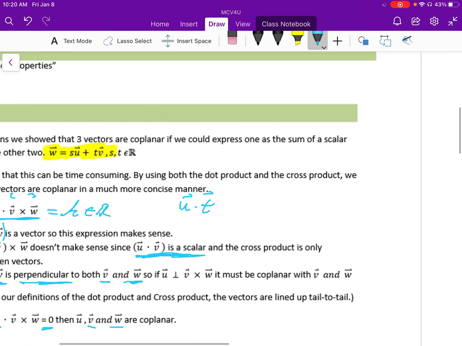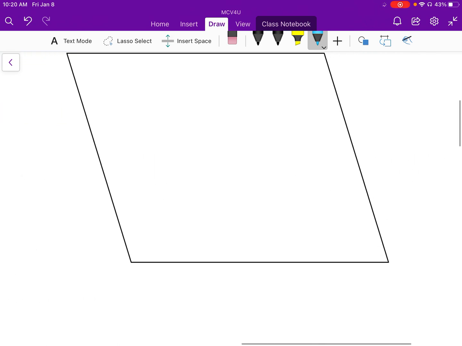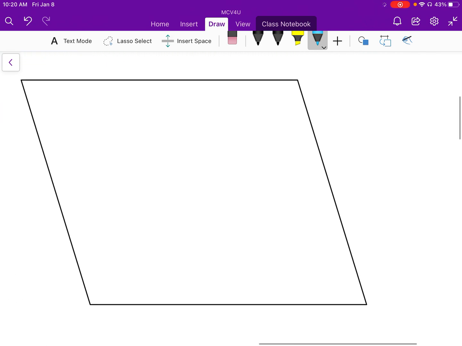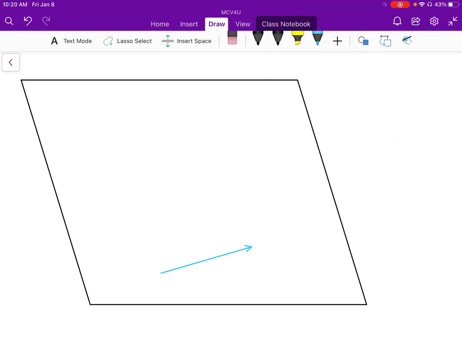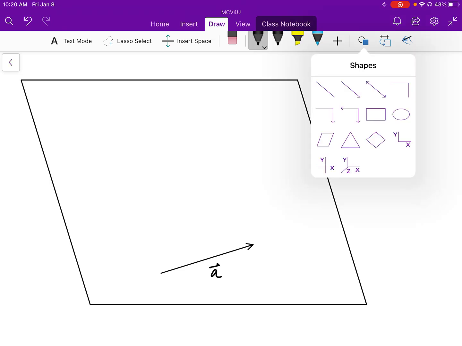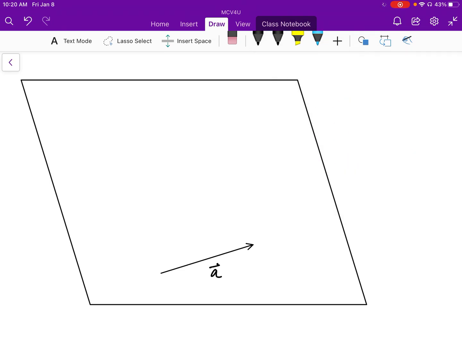Now, that's all fine and dandy talking about it, but let's see what it means. So let's say we have a vector A, and we have another vector, we'll just say that's vector B. Those are on this plane. We know that to be true.